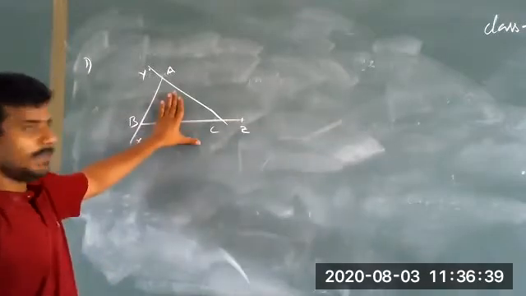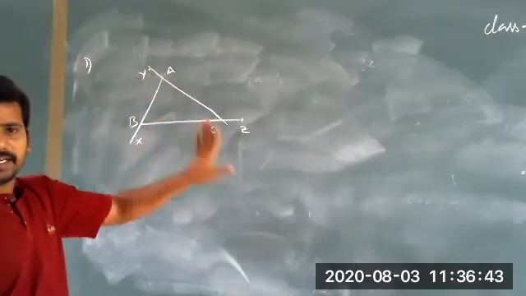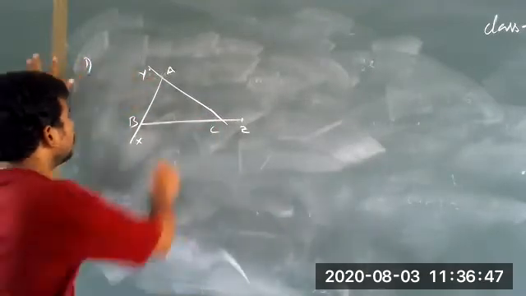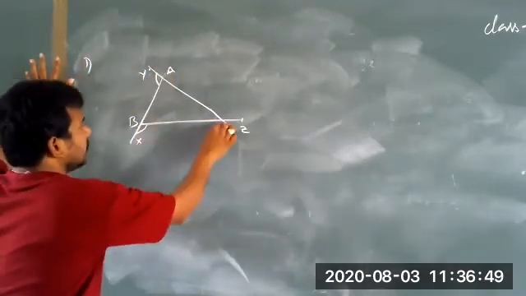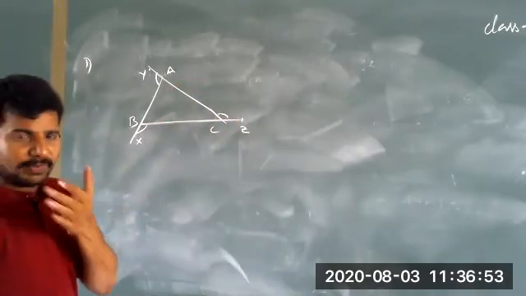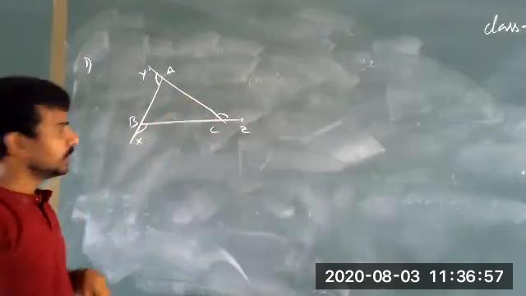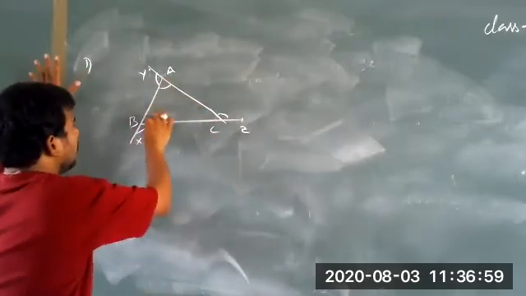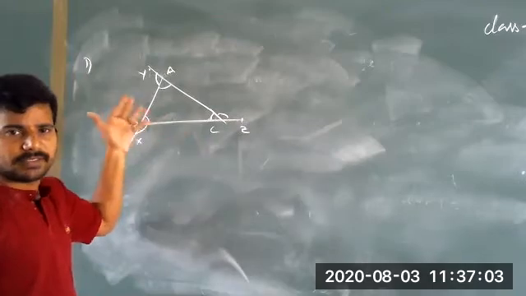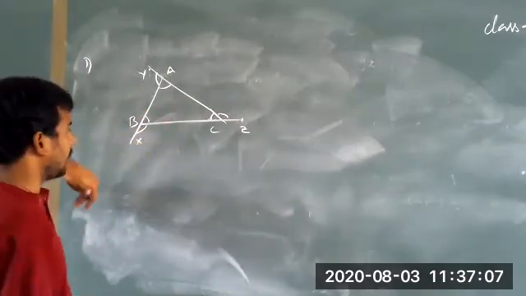So this is the ABC triangle. Now you can write the names of all the interior angles and all the exterior angles. These three angles are exterior angles, because they are outside of triangle ABC. The remaining three angles are interior angles of triangle ABC, because they are inside triangle ABC.